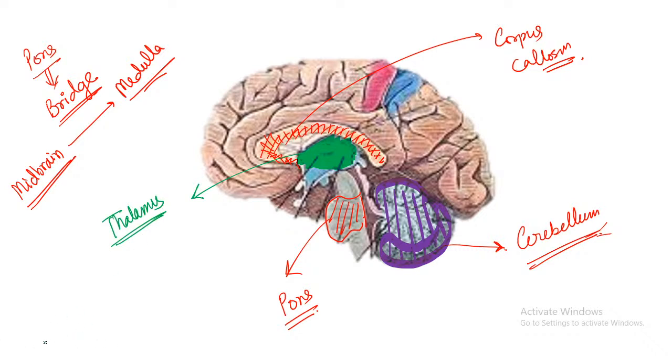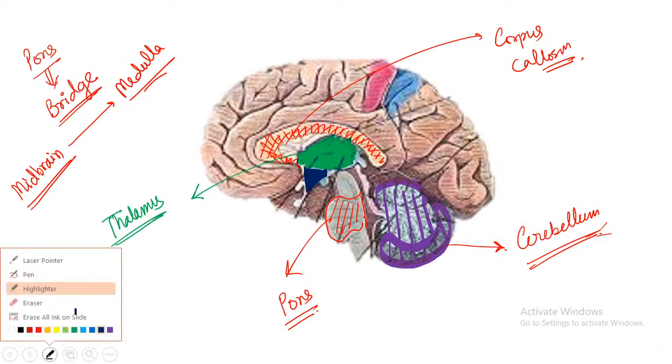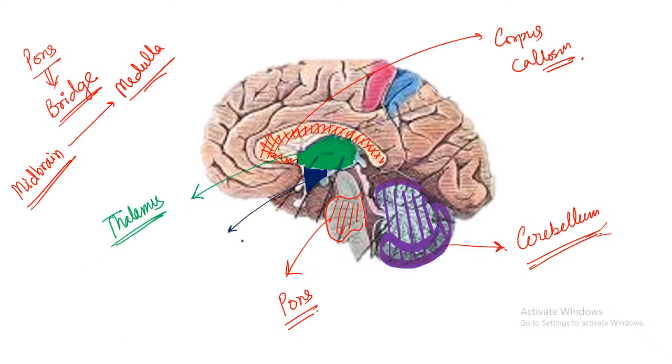Okay, so just below the thalamus we have this part. This part is known as hypothalamus. Hypo means below, hypothalamus.